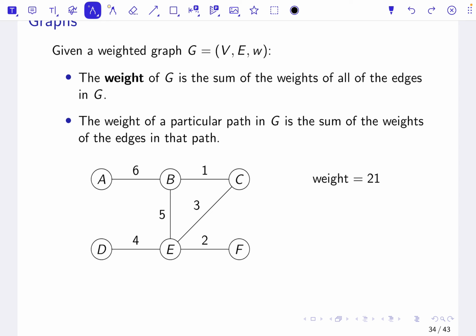So the distance from A to E, not in terms of absolute physical distance, but distance you'd have to travel by whatever transportation device you're using, would be the distance from A to B plus the distance from B to E. It's nice.